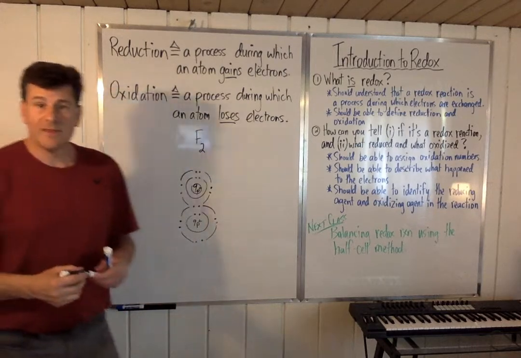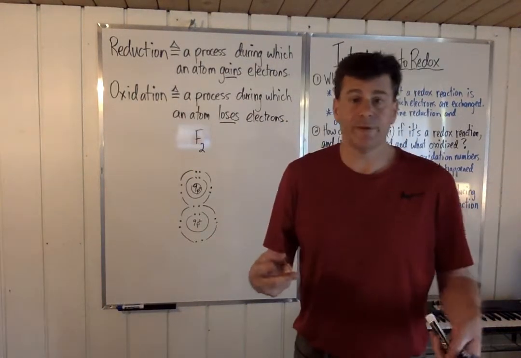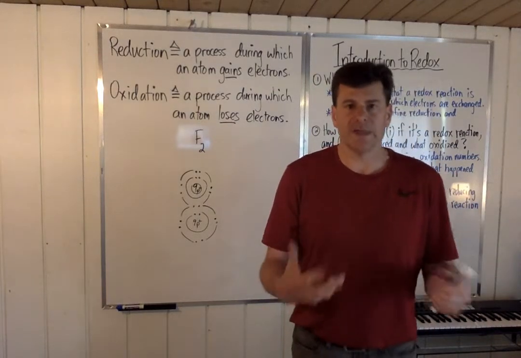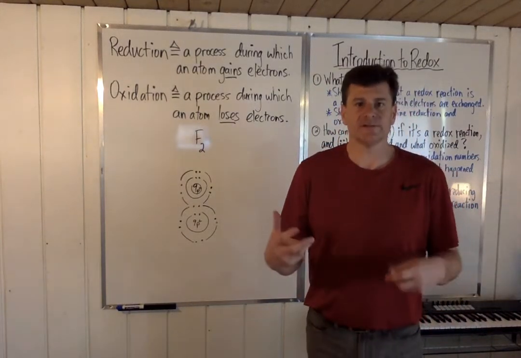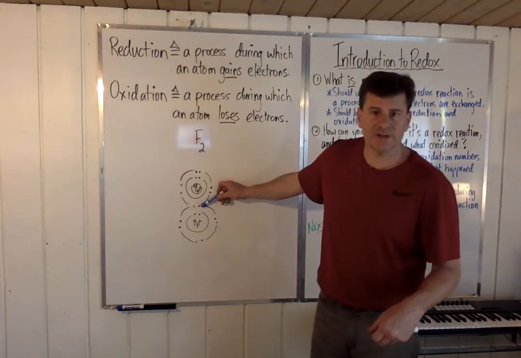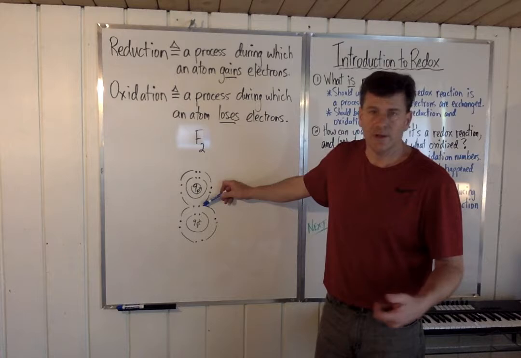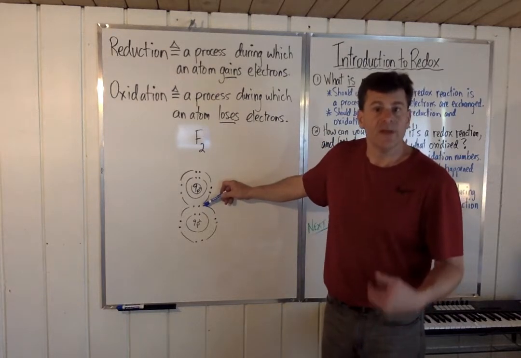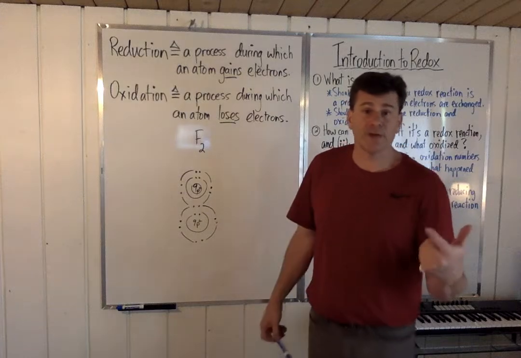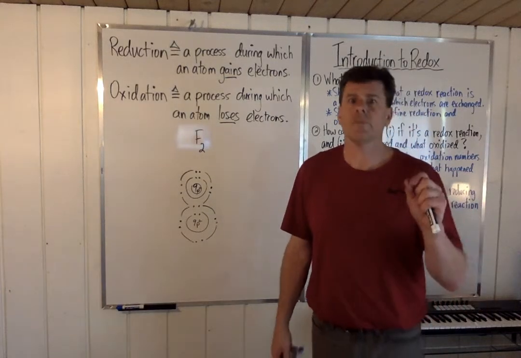Which means that 2 fluorine atoms would have been bound to each other by overlapping their orbitals and forming a covalent bond. Okay, and so those 2 electrons that are right there in the Bohr model, sorry, I'll move my pen a little bit so you can see it. The 2 electrons that are right there are actually bonding electrons, and so they're sharing those 2 electrons.